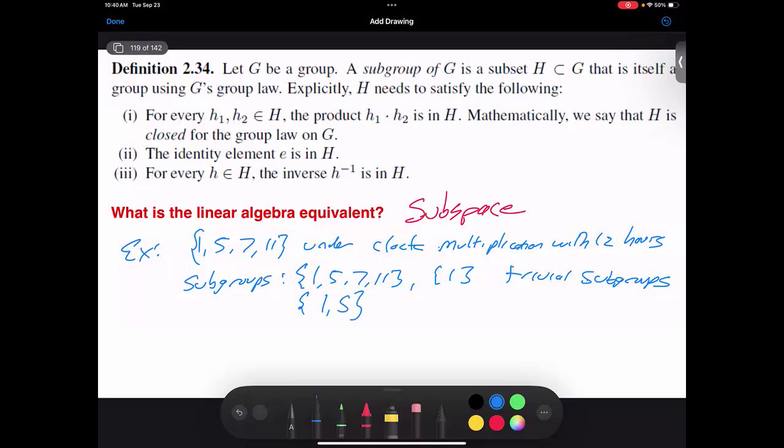Every element has its inverse in here. 5 times 5 is 1. 1 times 5, it's closed. This works. What about 1, 7? Yes. What about 1, 11? Yes. What about 1, 5, 7? Is that a subgroup?